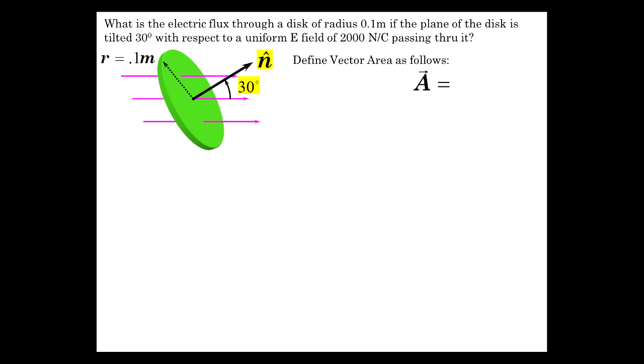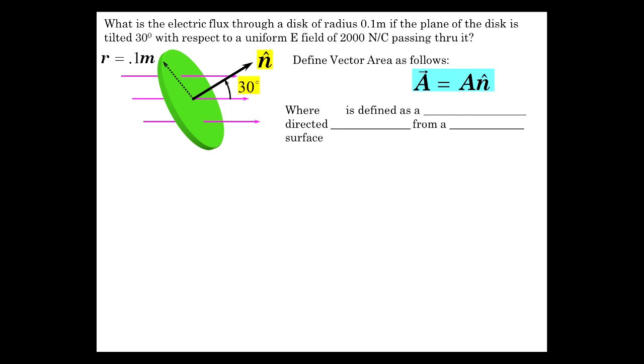We define the vector area as the regular area times the normal unit vector. That's the unit vector directed outward from a closed surface. Now in this case, it's not really a closed surface, but the normal is directed outward from the surface.